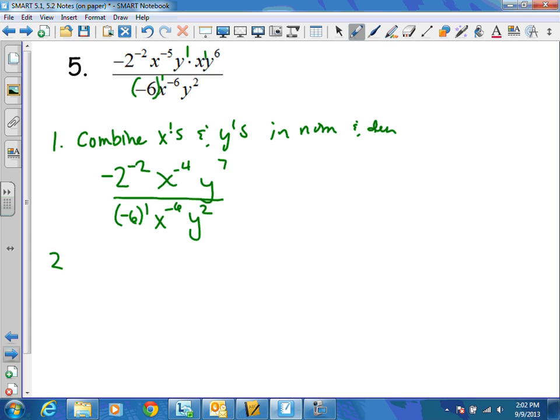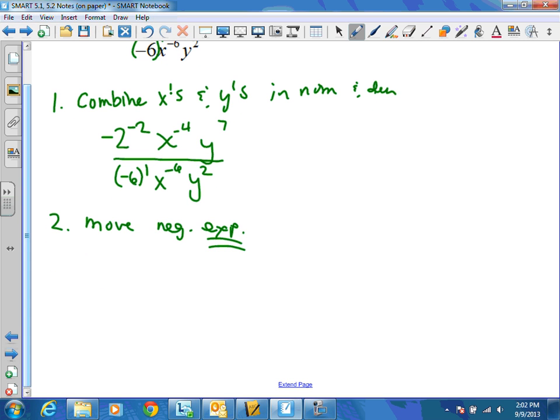The second thing I'm going to do is move my negative exponents. To me, it's a lot easier if I move the negative exponents. Just the exponents, so does negative 6 move? No, because the exponent is positive. So when I move my negative exponents, let's keep track of what we do.